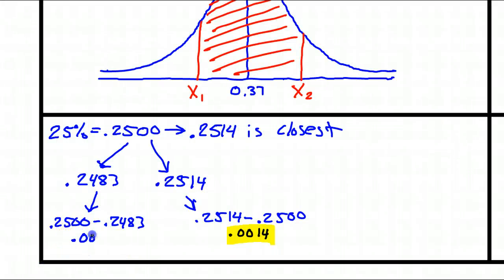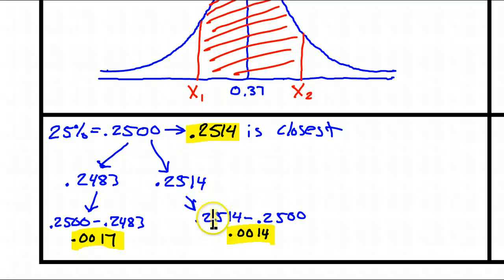That is the distance apart they are. So 14 is closer than 17. That's why 0.2514 is the closest, not the 0.2483.